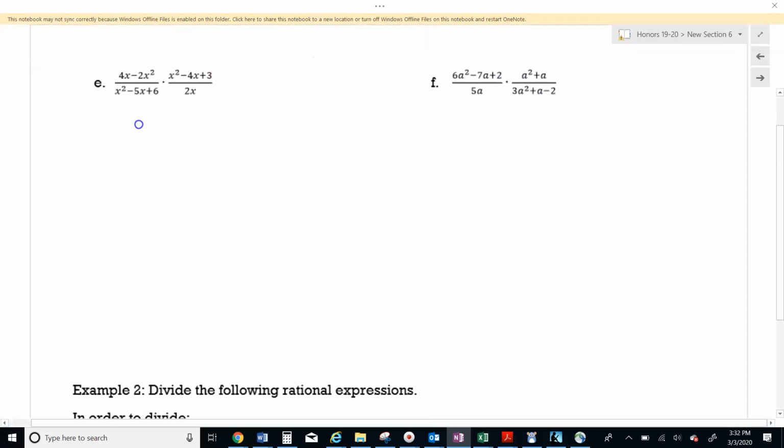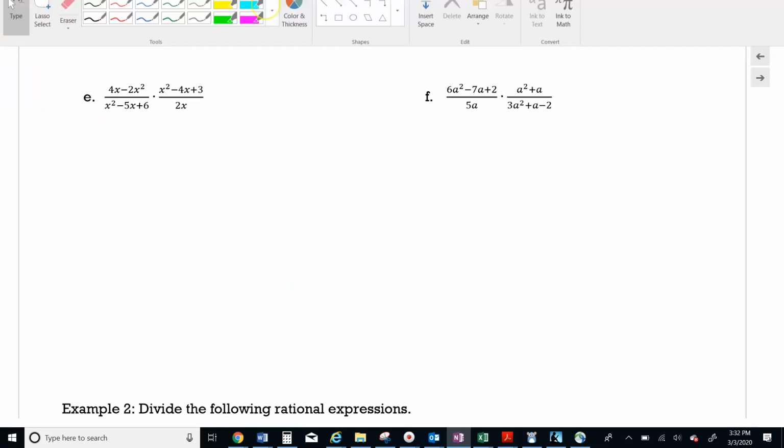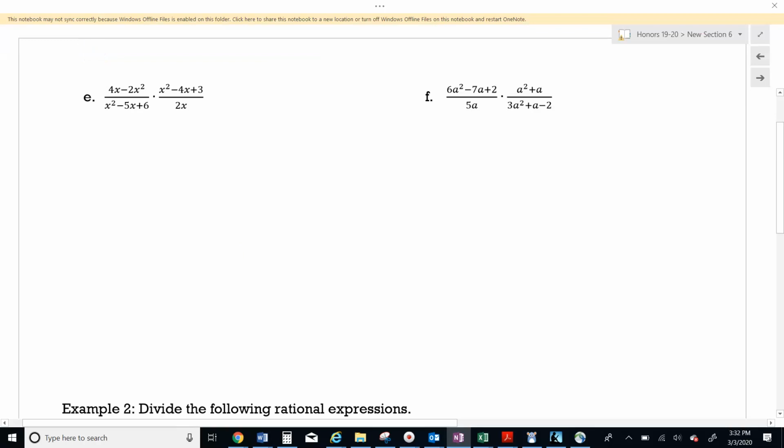Two more. We're going to up our difficulty level with our factoring a little bit. So I have 4x minus 2x squared. Doing my factoring on the side. This just has a greatest common factor. It has a common factor of 2. They also both have an x in them.